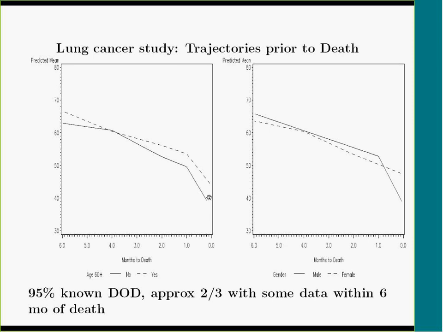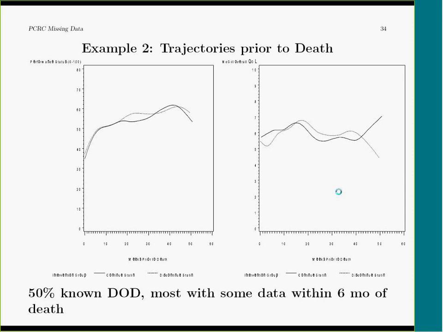Mostly what you see is a somewhat steady decline, and approximately 1 month prior to death the decline becomes somewhat steeper. There are also differences due to gender, and I wouldn't make much of this difference. I suspect the confidence intervals would show that it's not different.